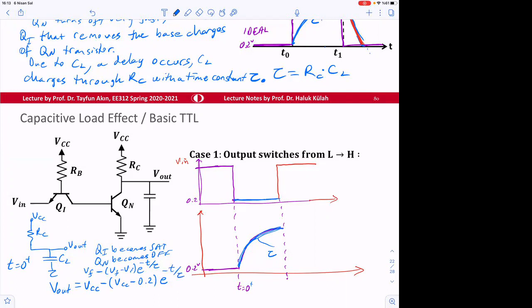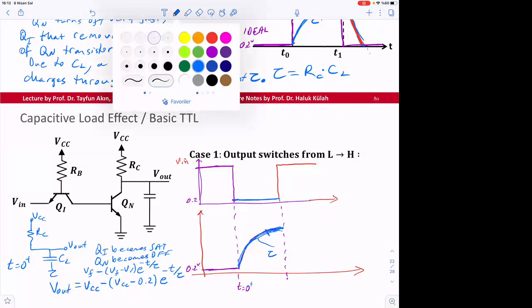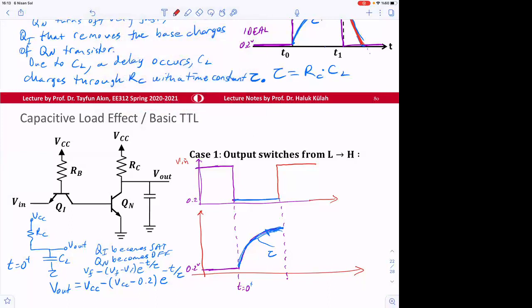So then we can do this analysis and find, for example, the time where this reaches steady state, all the way to 5 volt, or we can even find, for example, here the time where this reaches 90%, like 90% time can be determined.